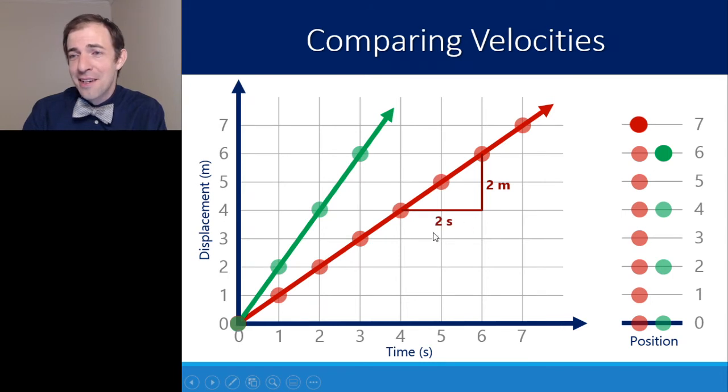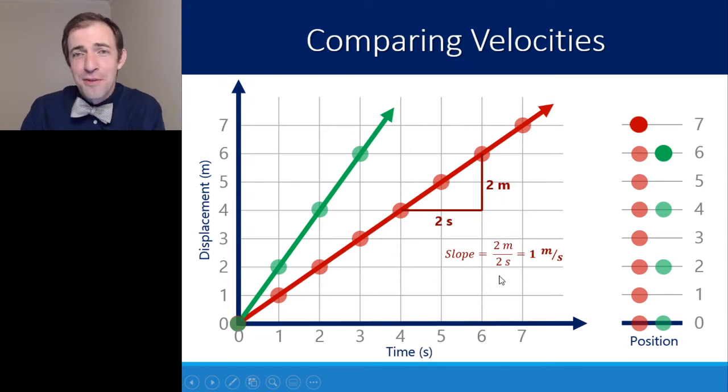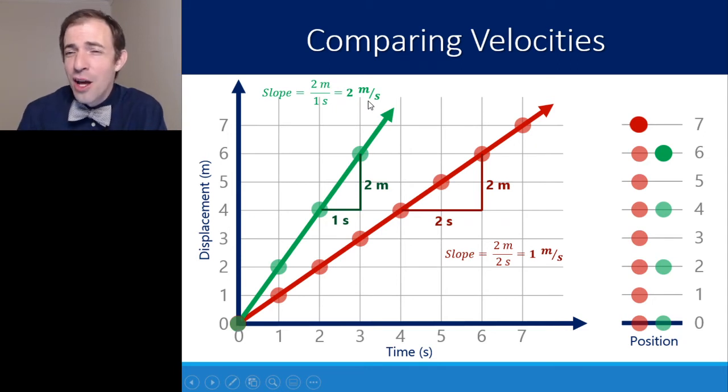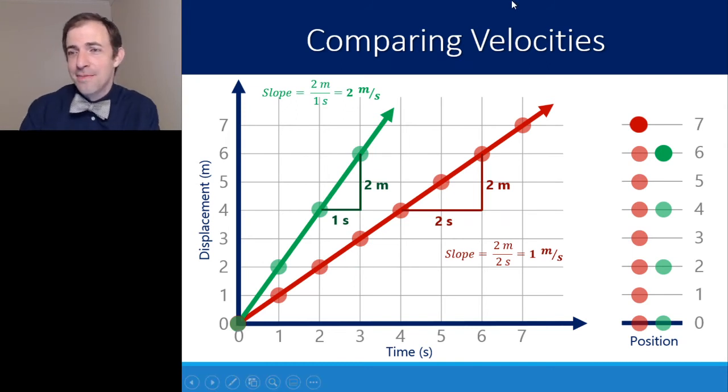Here I can find a slope, rise over run: 2 meters in 2 seconds gives me a slope of 2 meters over 2 seconds, or 1 meter per second. The green one's 2 meters for every 1 second. That's 2 divided by 1, or 2 meters per second. We'll talk more about slope later on, but the slope here on these graphs tells me the velocity. 2 is faster than 1. The steeper slope is faster than the shallower slope.